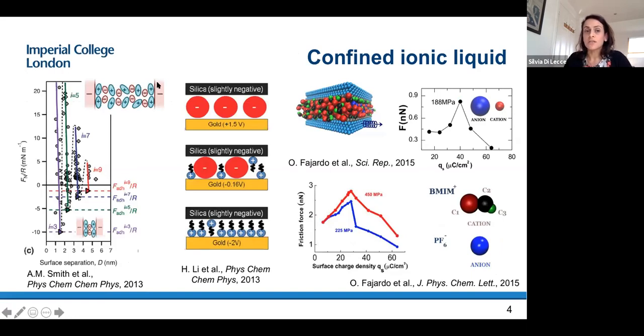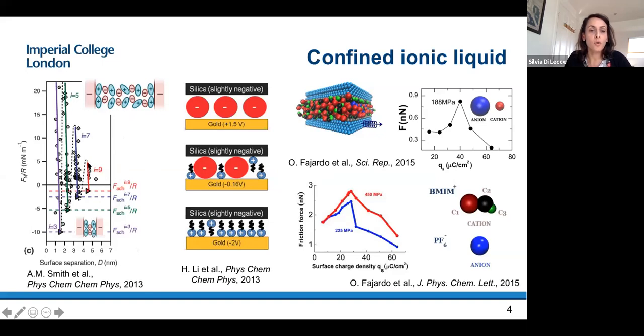In general, if we consider charged plates and we confine the ionic liquid between two negatively charged surfaces, what we see is that it structures itself in different layers, which are cation-rich or anion-rich layers. And from experiments, what we know is that if we apply a load to these plates, we can see a change of the thickness of these confined films, and the change happens along these branches.